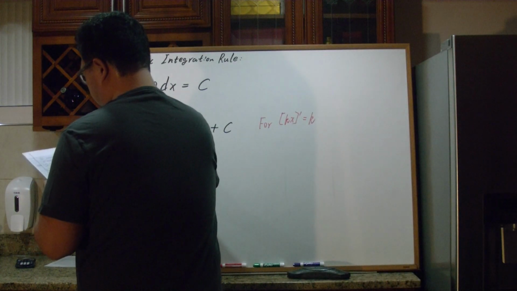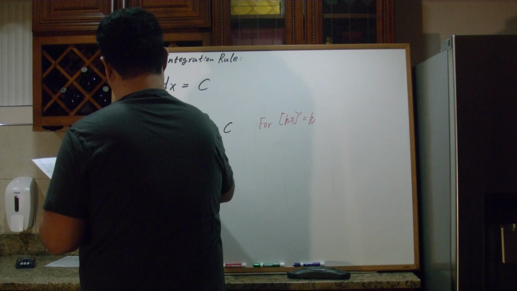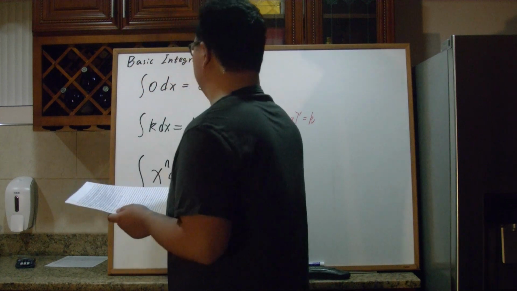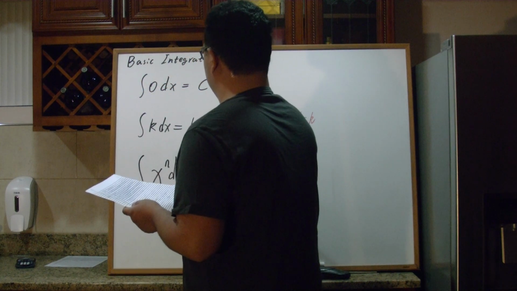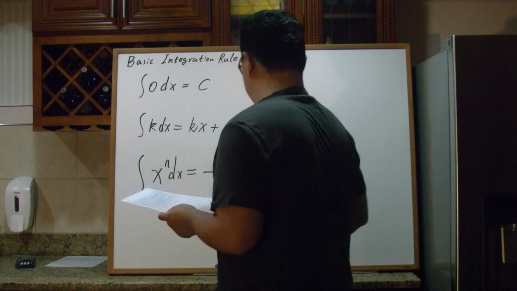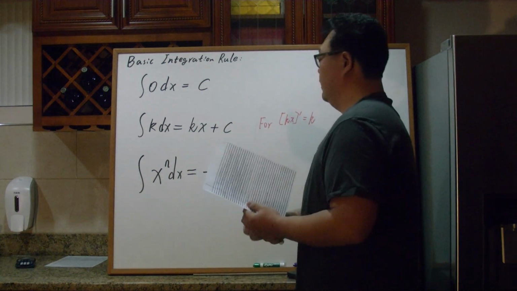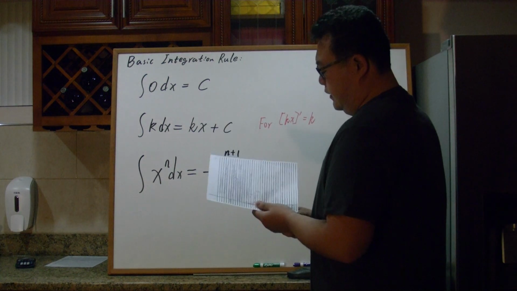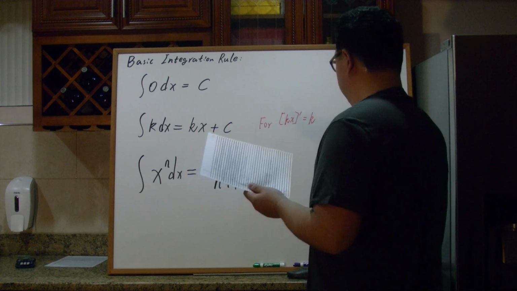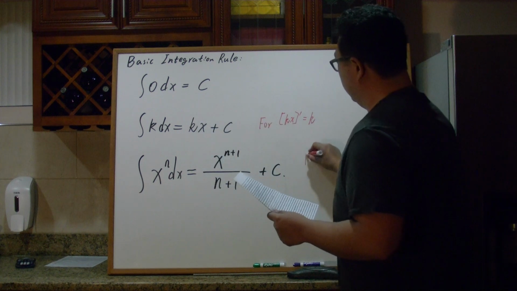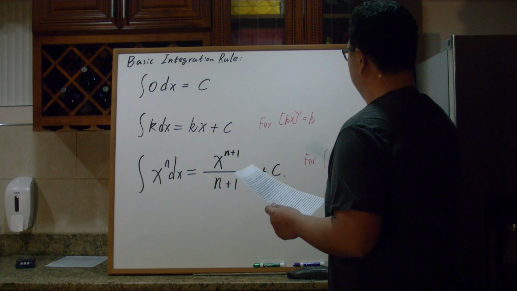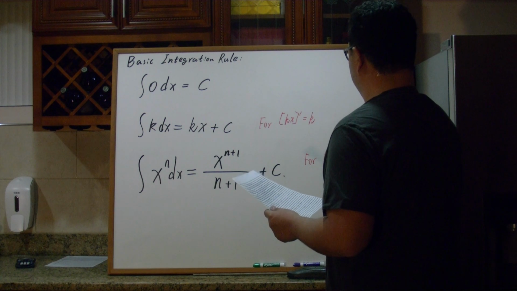The third property is x to the n. The rule is that x has its power increased by 1, divided by the new power, and of course plus a constant. This is because the derivative of x to the n is n times x to the n minus 1.